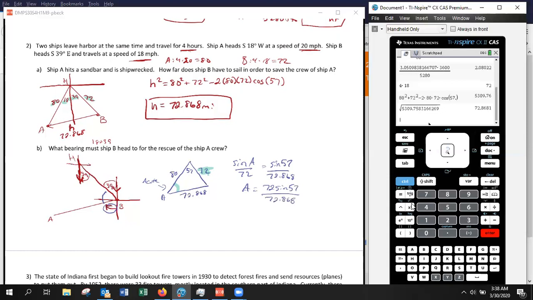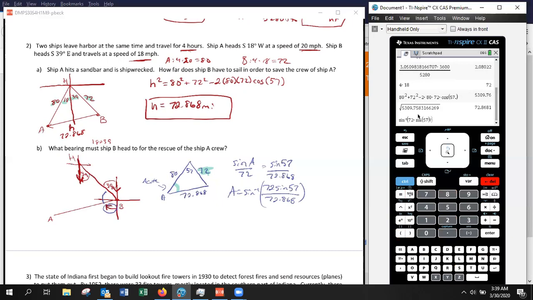I actually want the inverse sine of that whole expression, so let me rewrite the inverse sine of that entire expression and throw this into the calculator. I want the inverse sine of 72 times the sine of 57 degrees, divided by 72.868.